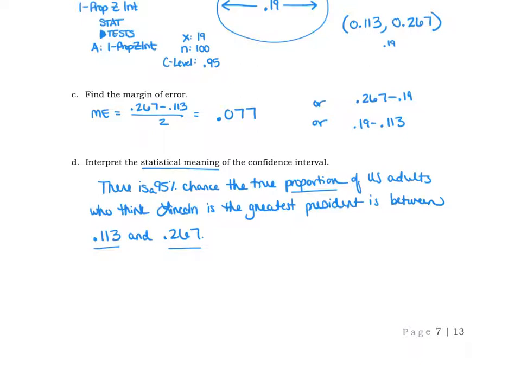Again, we took an estimate. We know our estimate isn't perfect. We sampled 100 people, not all of the hundreds of millions of adults in this country. We got 0.19 and we know there's some error. In fact, we figured out there was 7.7% error, 0.077, for our margin of error. So we're 95% confident that the true proportion of Americans who think Lincoln was the greatest is somewhere between 0.113, 11.3%, and 26.7%.